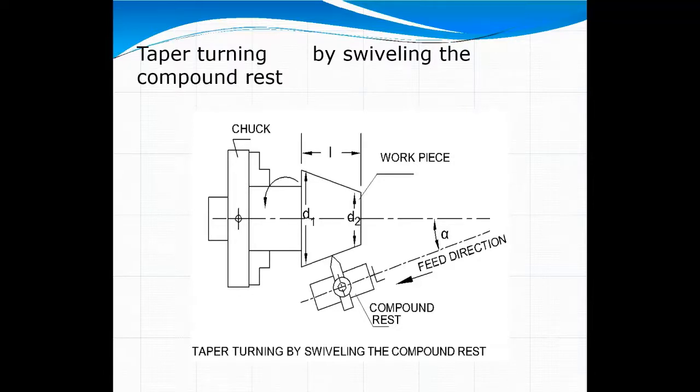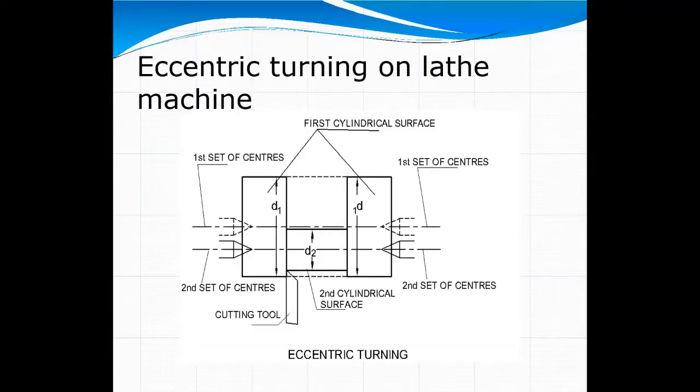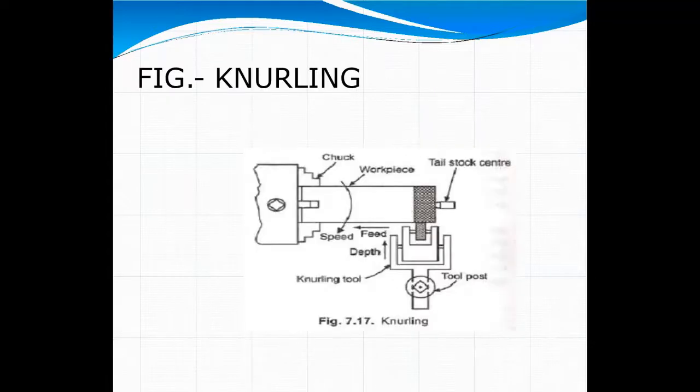So taper turning may be done by several methods: swinging method, compound rest method, form tool method. Eccentric turning also is from the center of the job.